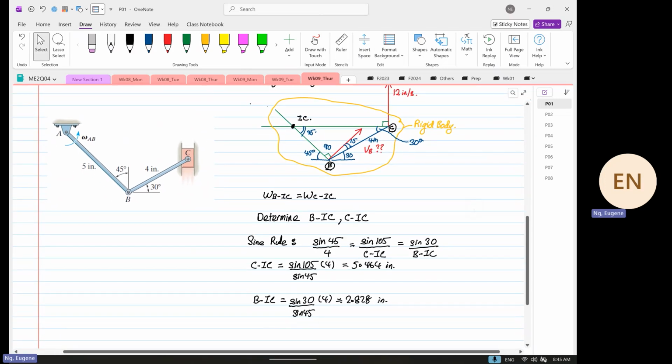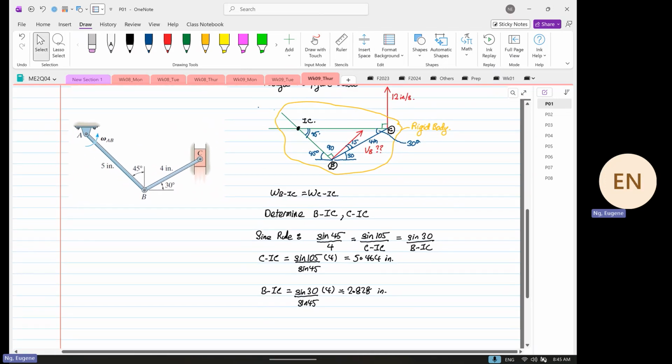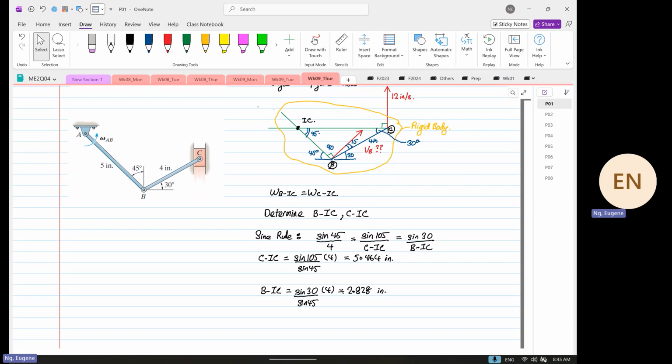So once you have this, you now can find your omega CIC. Okay, so we know that VC is equal to omega CIC, and then we are going to take the length C to IC length.